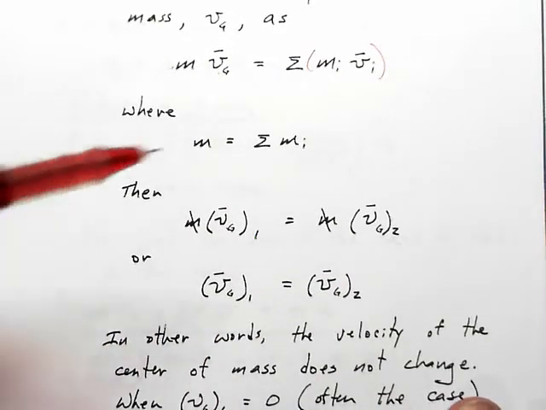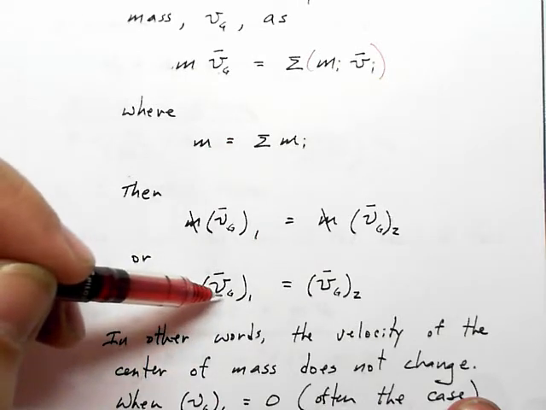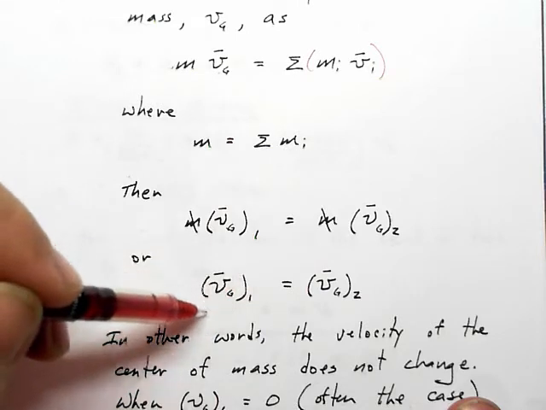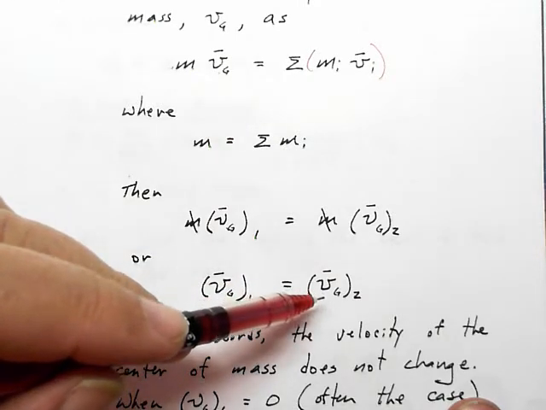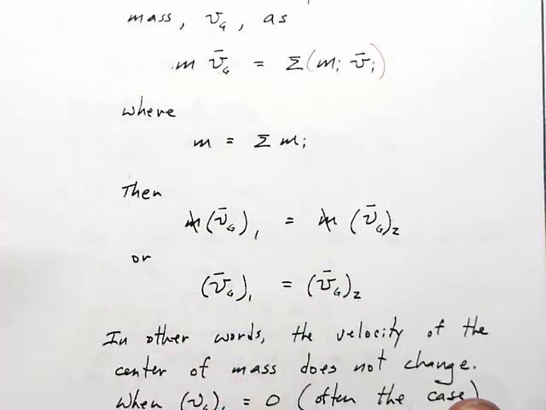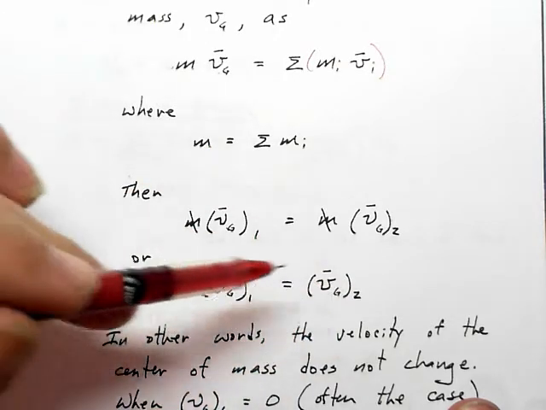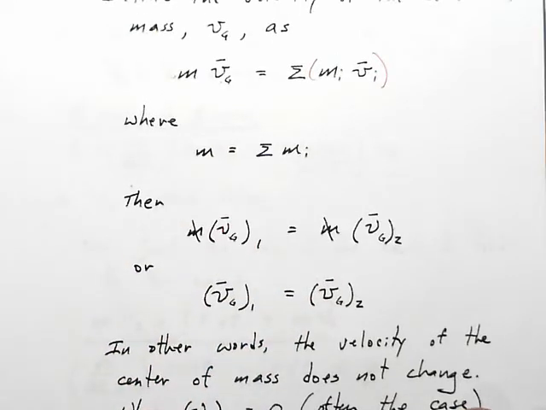And what this says is if we have lots of particles, the velocity of the center of gravity of the particles in position 1 is equal to the velocity of the center of gravity of all the particles in position 2. The velocity of the center of gravity does not change in a conservation of momentum problem.